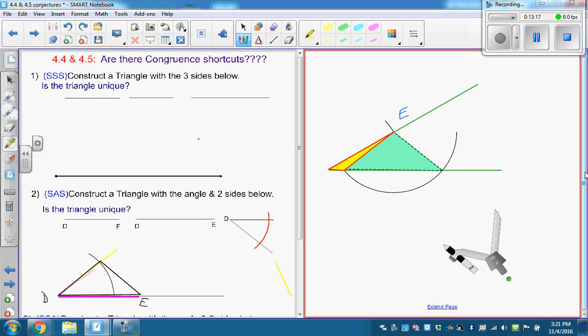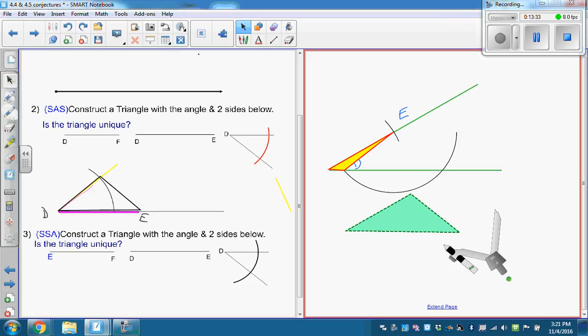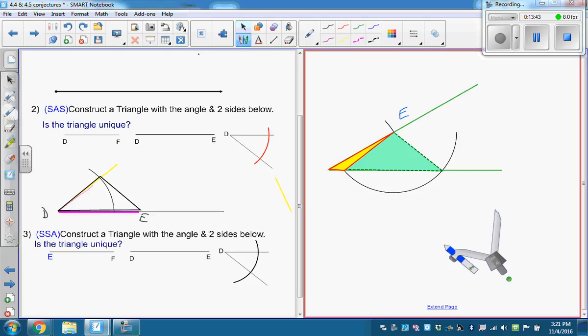So if you have this situation here, where we have these three, we could make the yellow triangle and we started with the green triangle. And then we also found out that this length here could be put in over here. This length could be put in over here because E was not fixed. Angle E was.